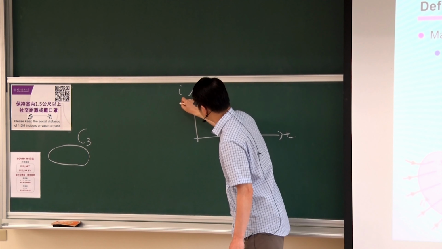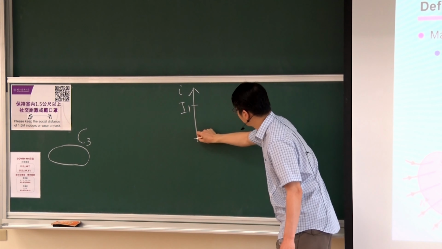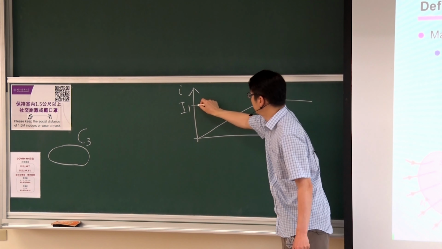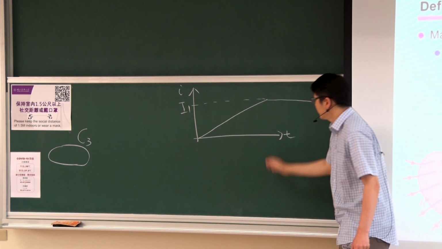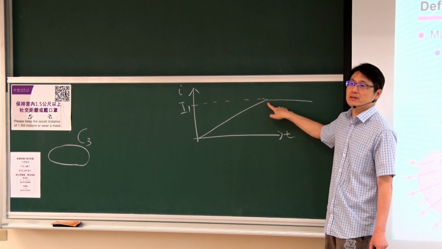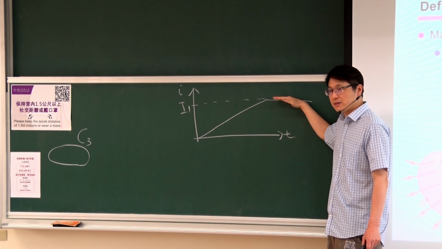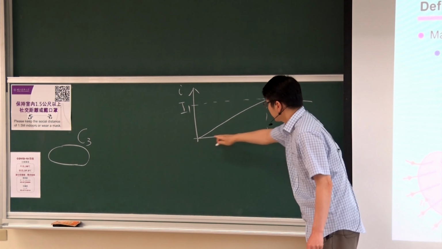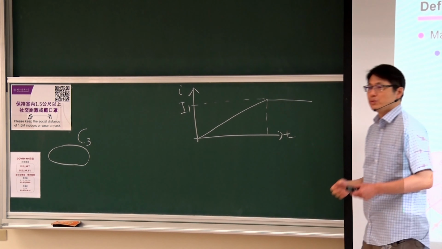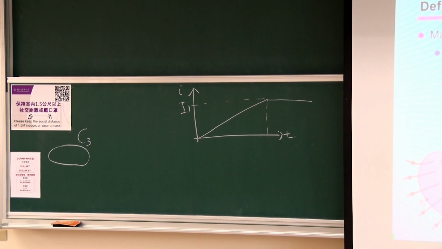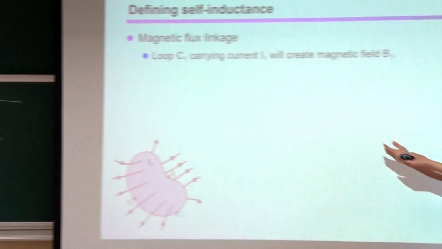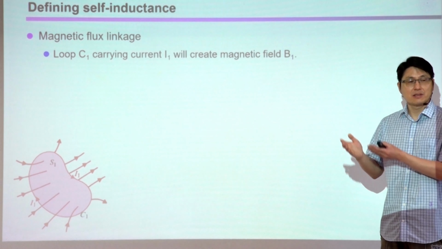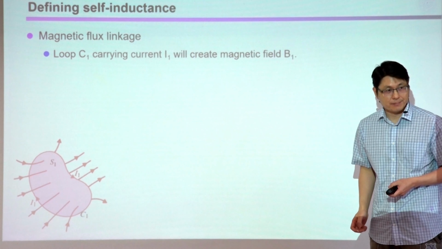So starting from 0, I gradually increase the current to I1. And after it reaches I1, the current is maintained as a constant. So in some temporal duration, we devoted work into this coil so that it can operate at its operational current. Okay?